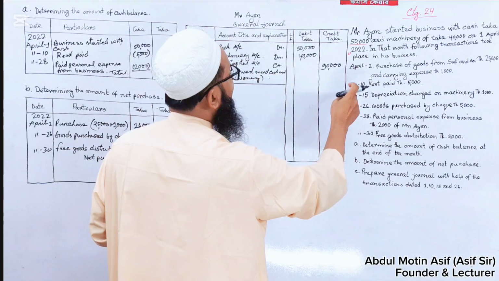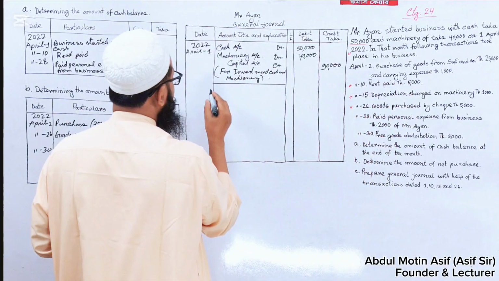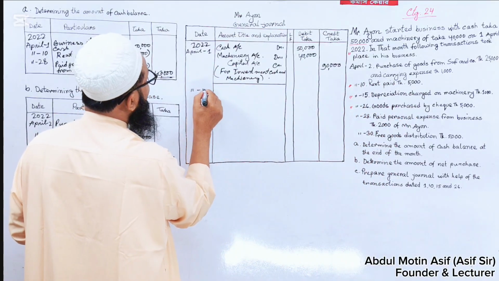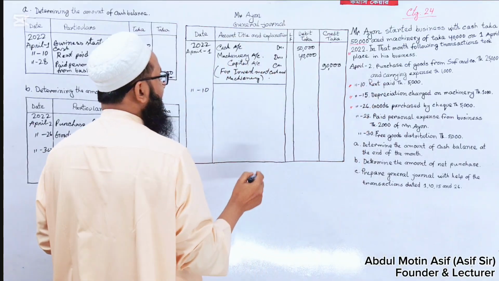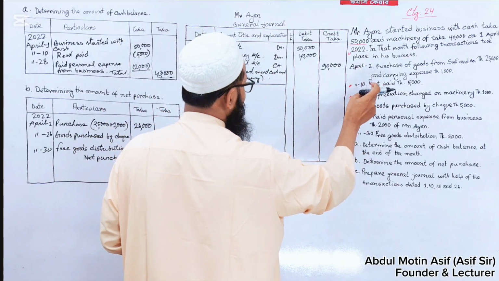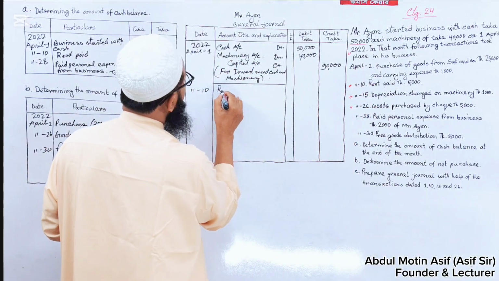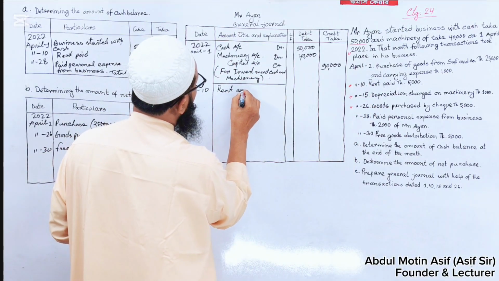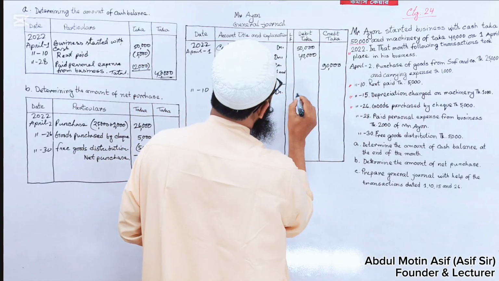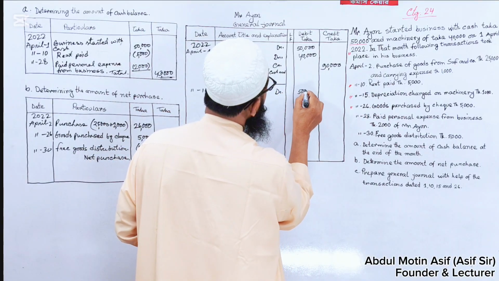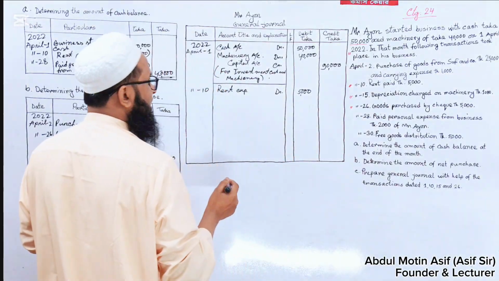Okay, dear students, now we will do date 10. Rent paid taka 5,000, April 10. Rent is an expense. Expense increase is debit, we know. For that, rent expense debit taka 5,000. For rent, our cash decreases. Cash has gone.